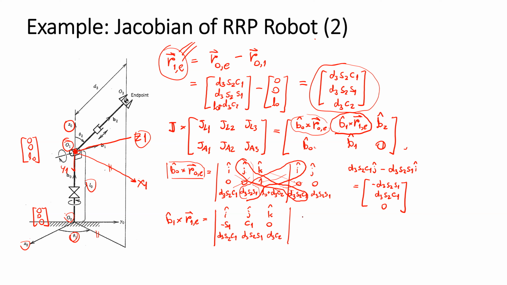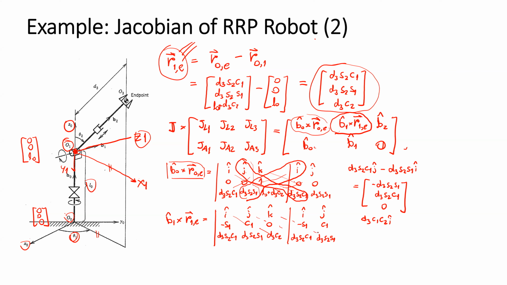Again, we extend the two columns. We have minus S1, D3 S2 C1. We have C1 and we have D3 S2 S1. And the cross product, we begin with this one. We have D3 C1 C2 I. This one has 0.